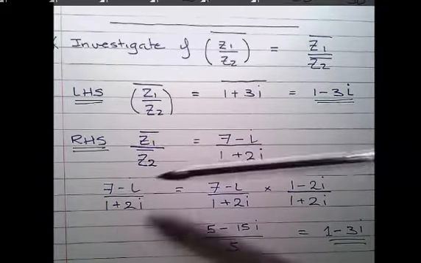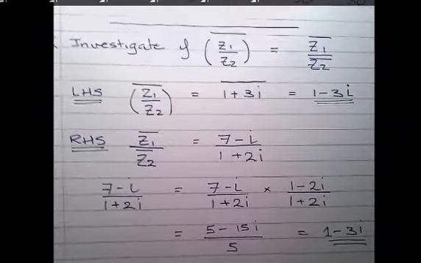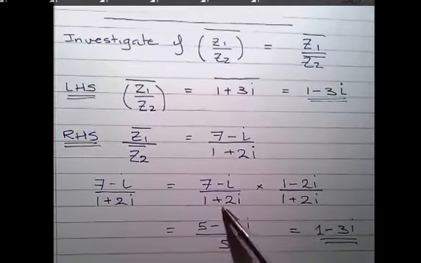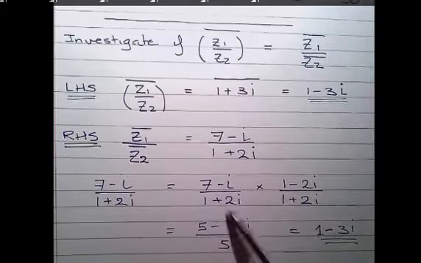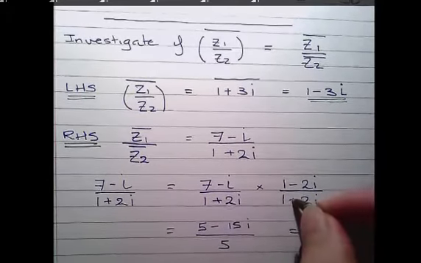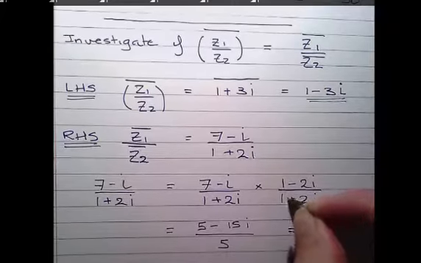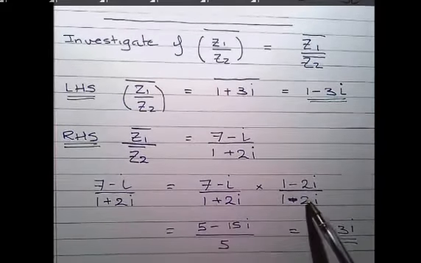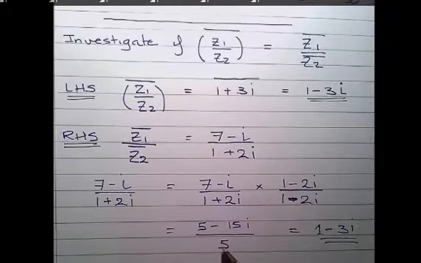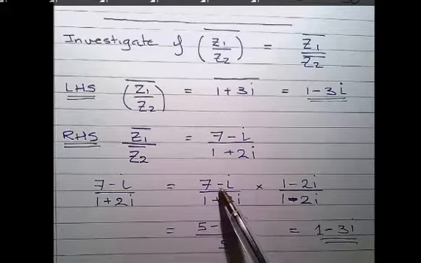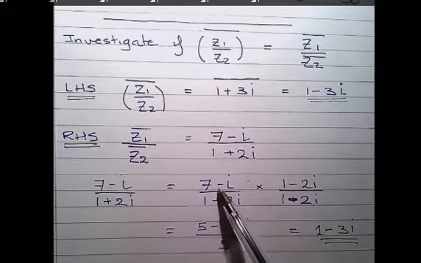So the complex conjugate of the denominator is 1 minus 2i. Actually, that should be a minus there. Sorry, I apologize. Now, 1 plus 2i times 1 minus 2i gives us 5. This is something we've actually done already, in part A.